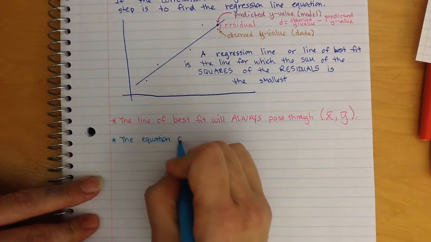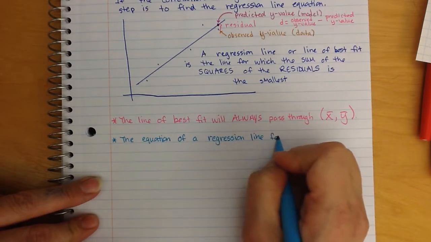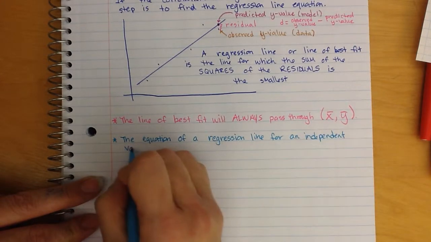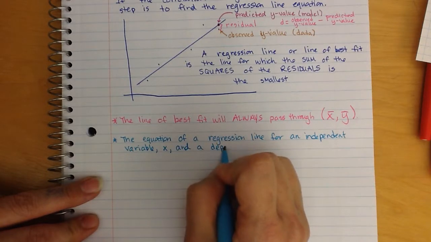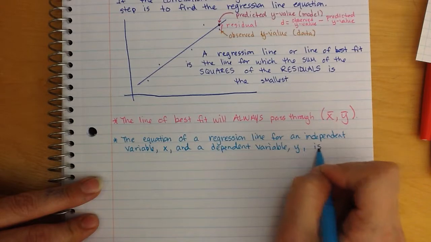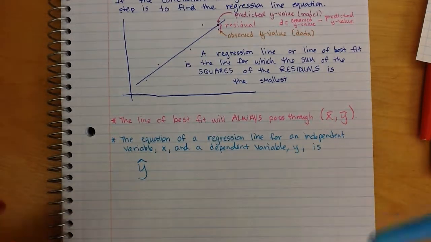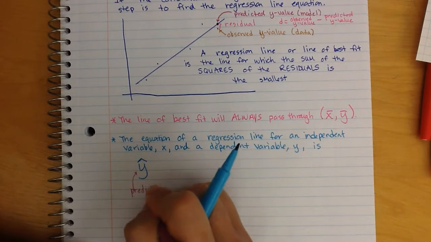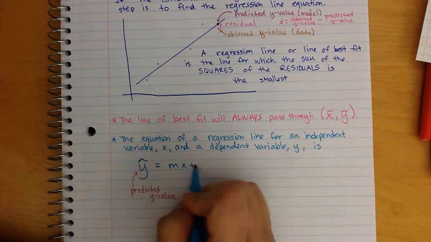For an independent variable x and a dependent variable y, we're going to use y hat to represent our predicted y value, and that is going to be equal to mx plus b.